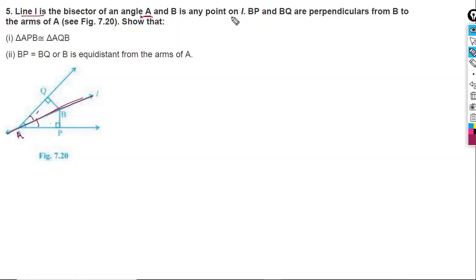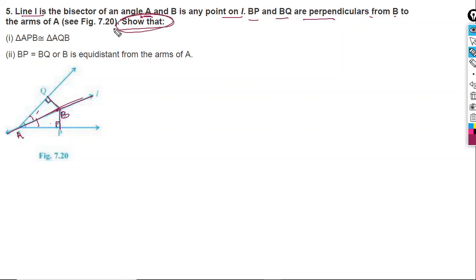B is any point on L, so you can see this point is B. BP and BQ are perpendiculars from B, so these angles are 90 degrees to the arms of A.